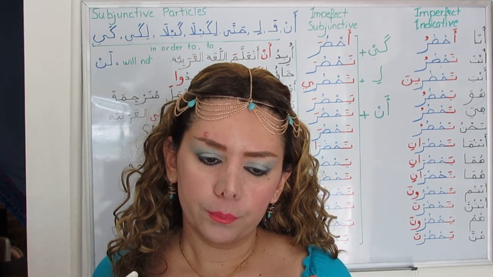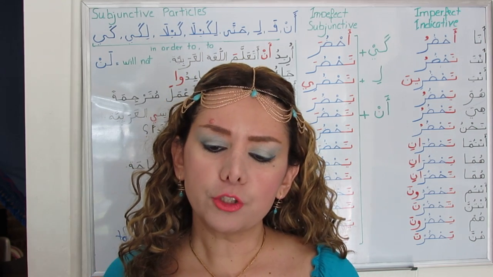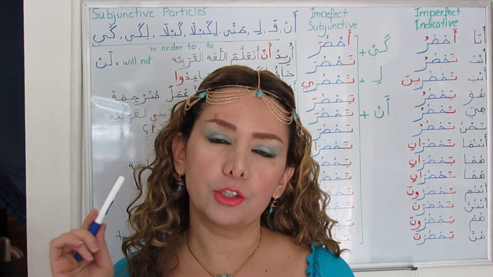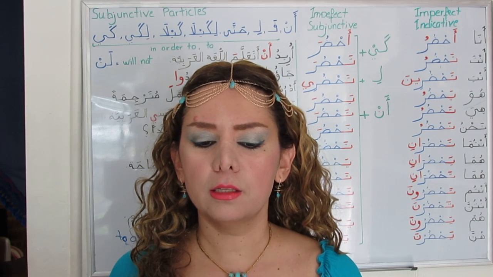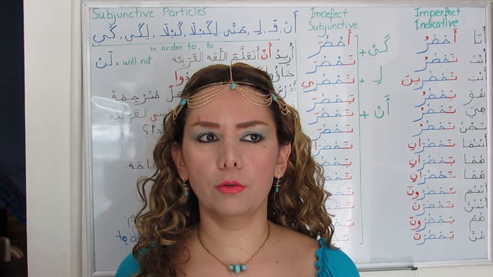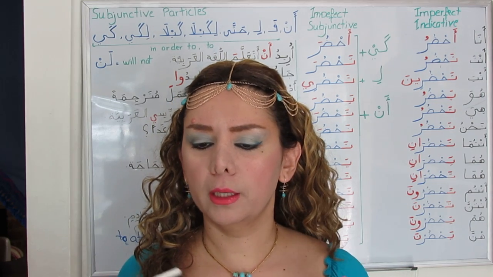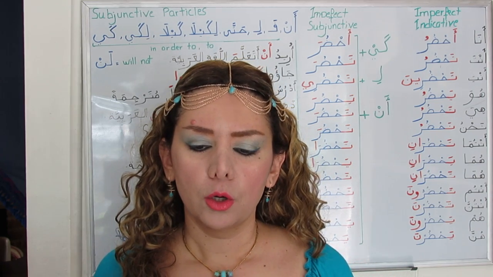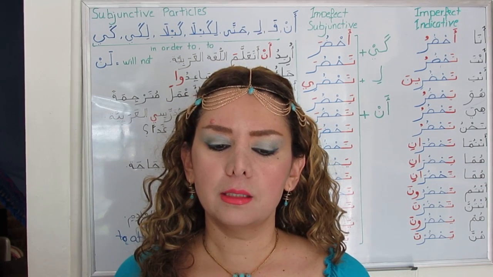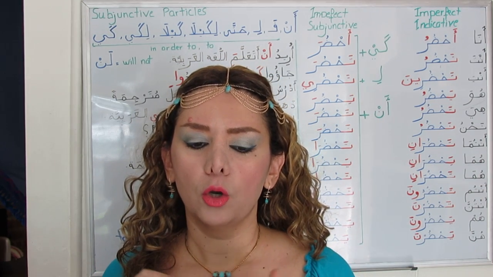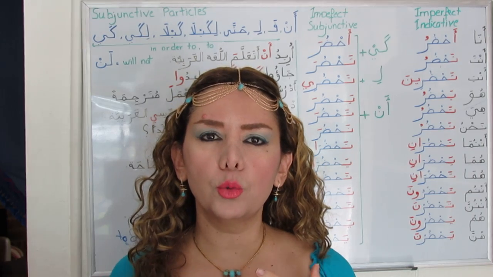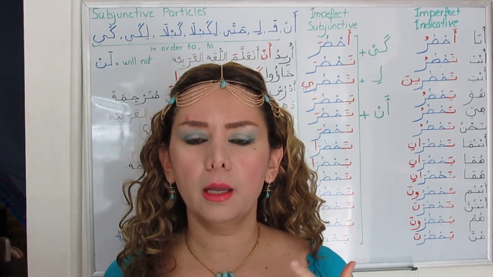So after the subordinating conjunction an, that is used with verbs of desire, emotion, or intention, we most likely see it with verbs like want, must, could, might, can, and so forth.